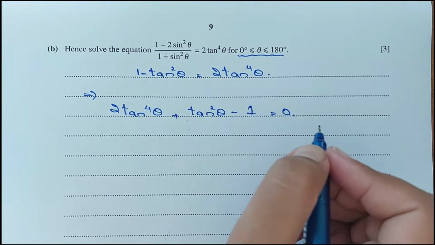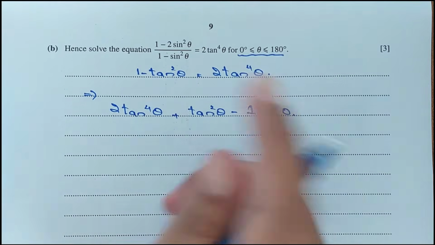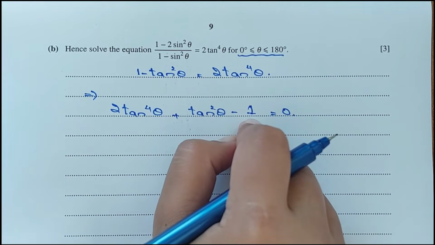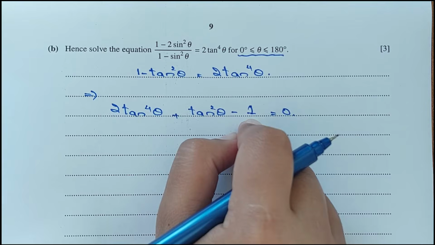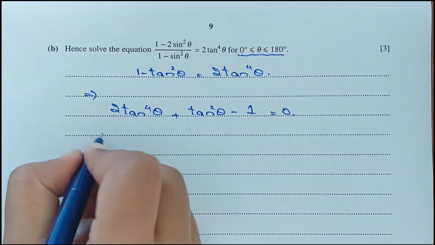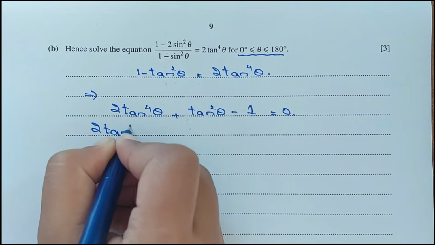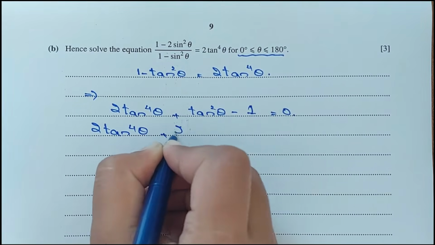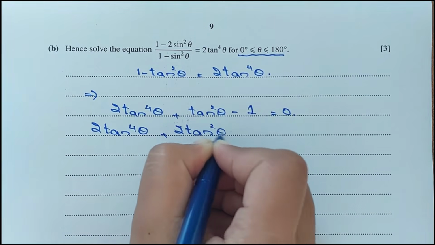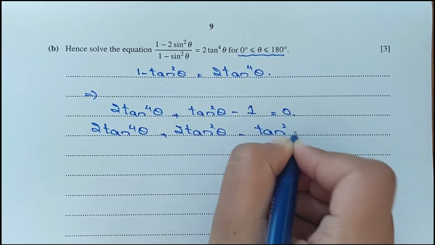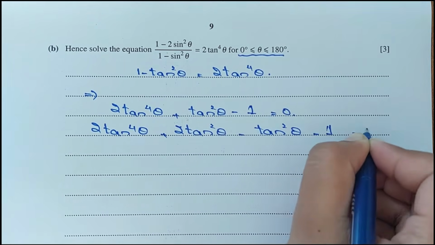Okay, now we have to factorize this. We have to make the factors. 1 times 2 is 2 and 2 minus 1 would be 1, right? So 2 tan power 4 theta plus 2 tan square theta minus tan square theta minus 1 equals 0.